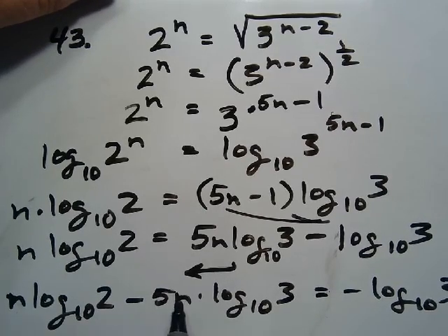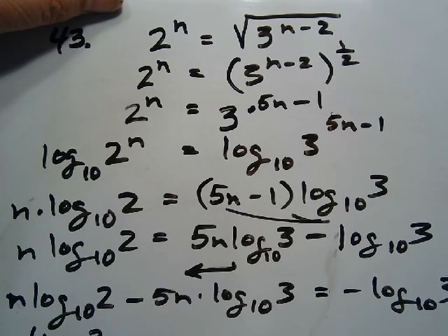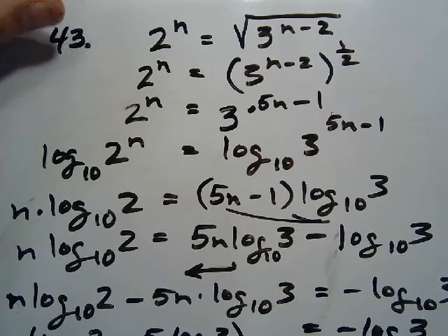All right, so I need to go ahead and pull an n out of both of these. Take an n out of this, I get log base 10 of 2. I'm not going to write the 10s here. Minus 5 log base 10 of 3 equals a negative log base 10 of 3.